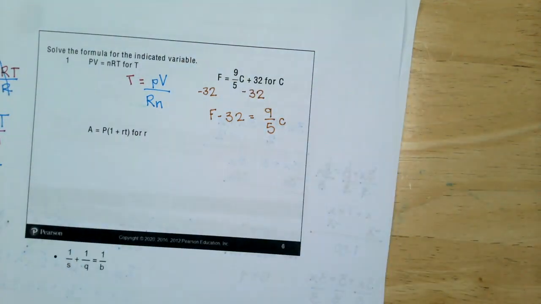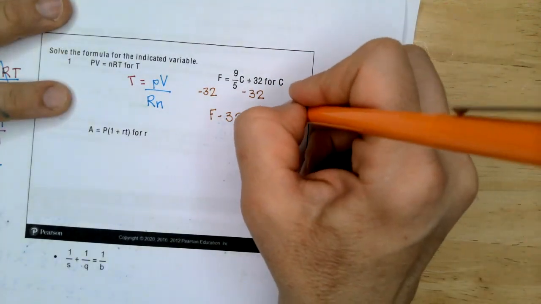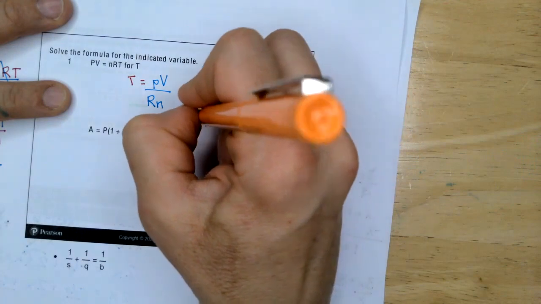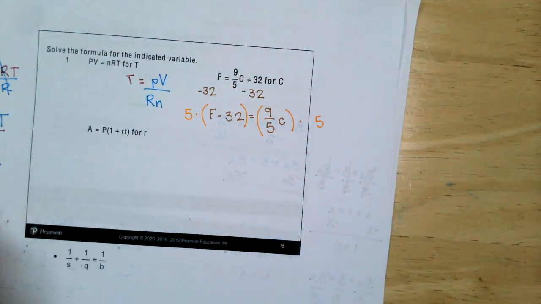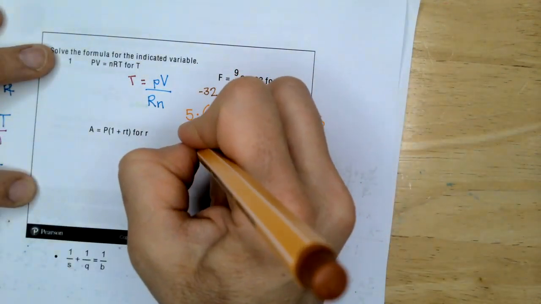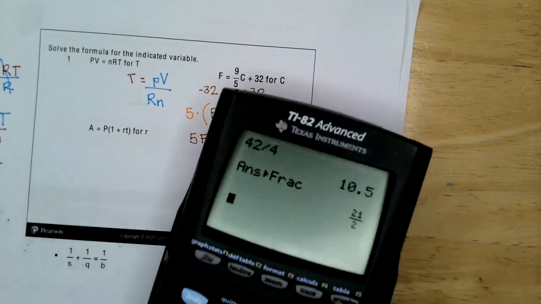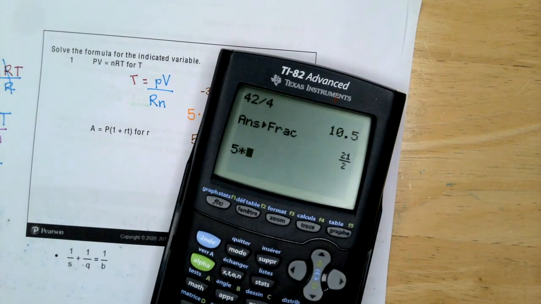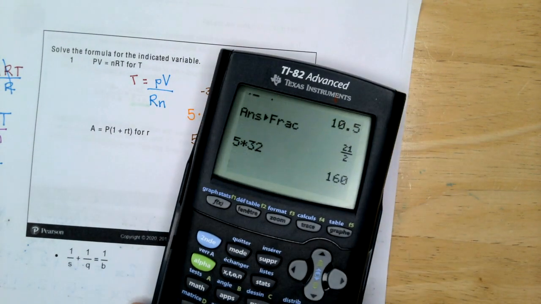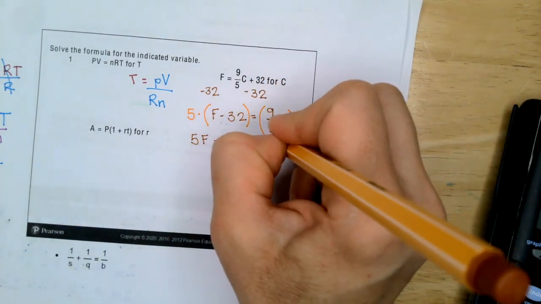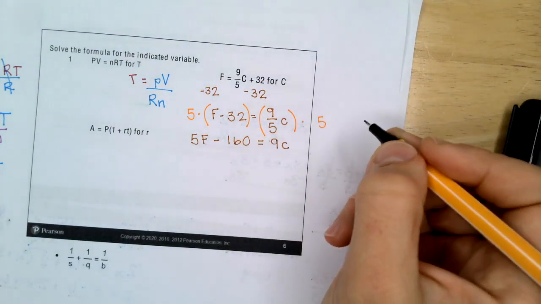So if I want to get rid of that denominator, get rid of that 5, I'm going to multiply everything by 5. 5F minus, what's 5 times 32? 160. 5F minus 160 is 9C, right?